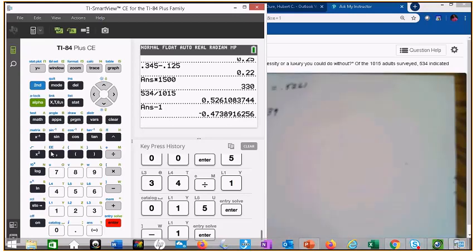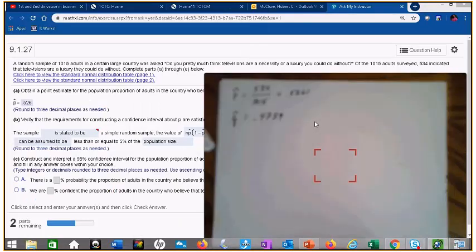Okay, I've got two things that I need: p hat and q hat. Let's see what else they give us.